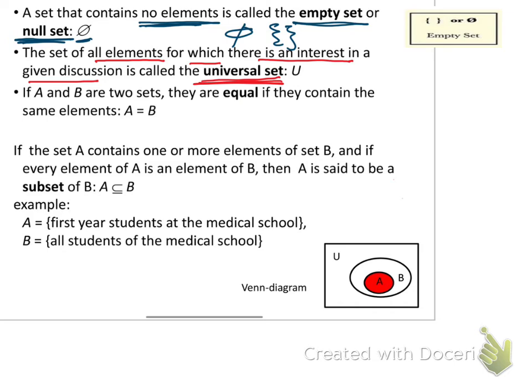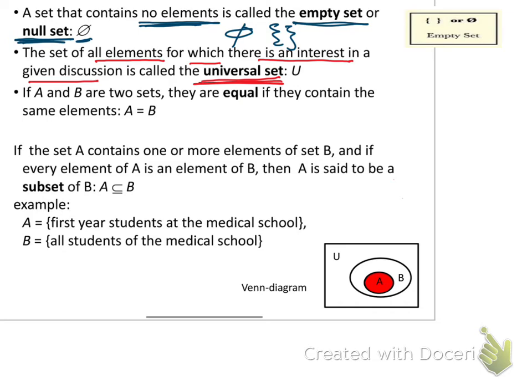So the biggest set which I have, not in the world, but in my discussion, I'm talking about the students in Debrecen University. So I cannot find any element outside the universal set, outside Debrecen University. If I give any number or any name, his name or her name should be found inside the set of Debrecen University.